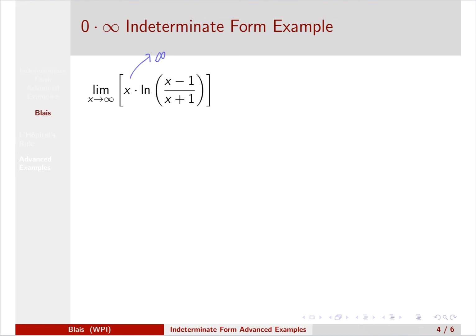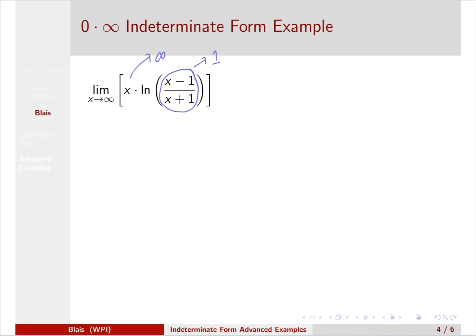And we note that x minus 1 over x plus 1 is going to 1 as x goes to infinity. Right? We have dominant term x in the numerator and dominant term x in the denominator. But natural log of 1 is 0. So the entire natural log term is going to 0. So we have an infinity times 0 indeterminate form here.